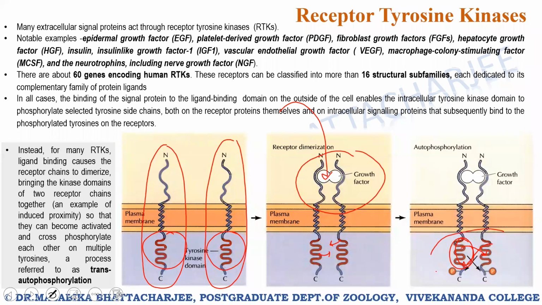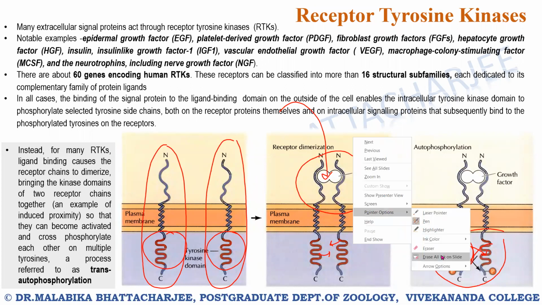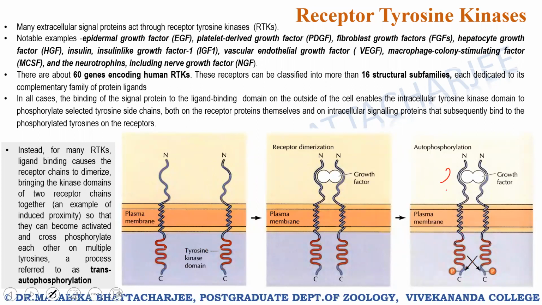This phenomenon is often referred to as trans-autophosphorylation. Understand the terminology. Auto means you are phosphorylating your own self. Trans means I am not able to phosphorylate myself; another receptor in trans position is phosphorylating me. So if this is partner 1 and this is partner 2, partner 1 is phosphorylating partner 2, hence trans.